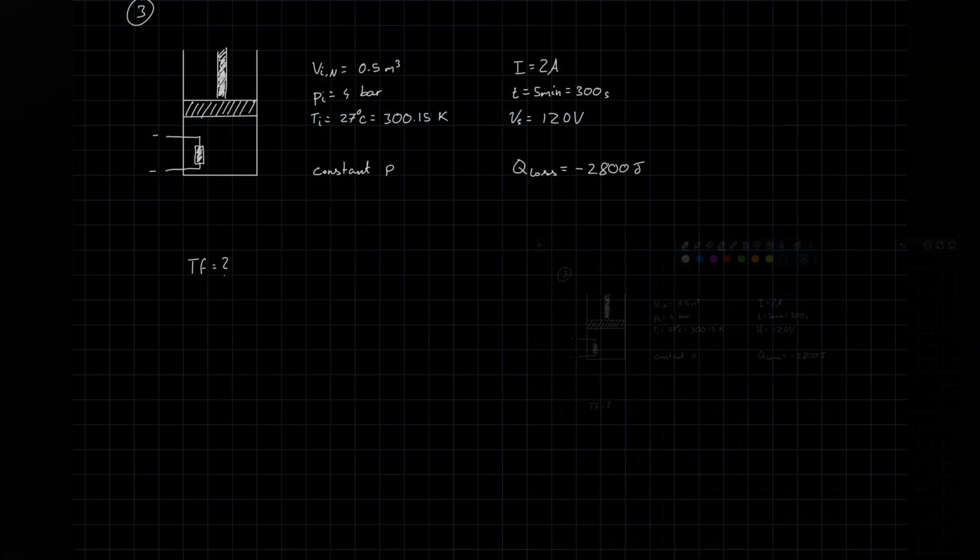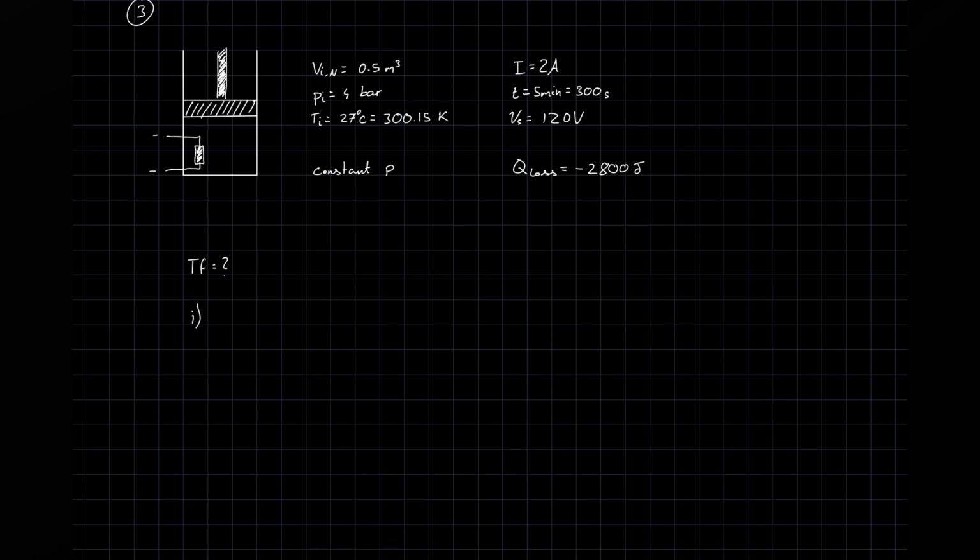Okay, let's start by working out how much energy, or how much work, this heater is actually doing. You should know from electronics that power is equal to voltage times current. So in this case, it will be 120 times 2, which is 240 watts.